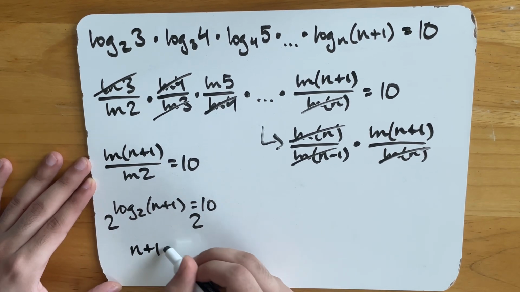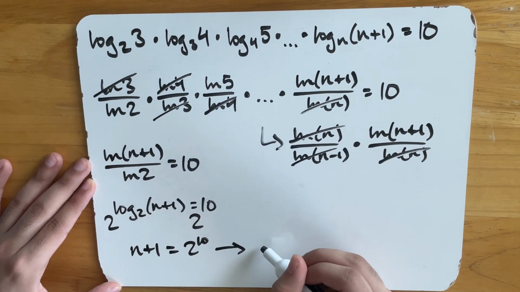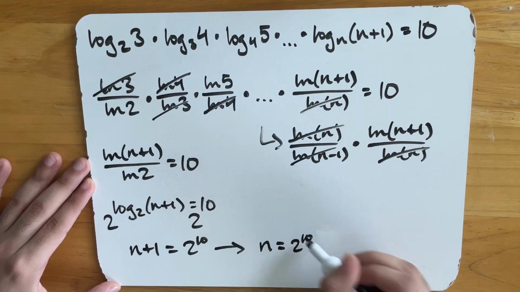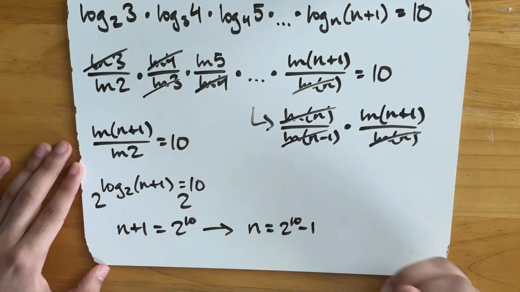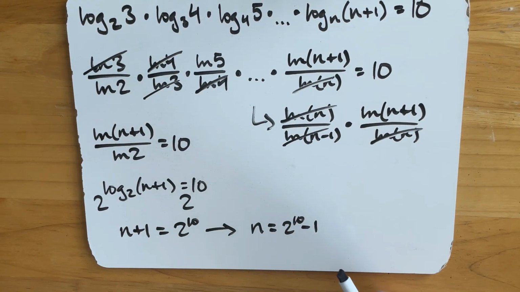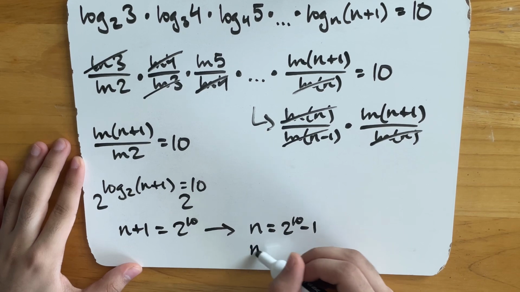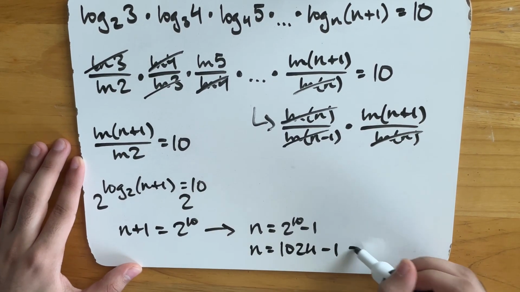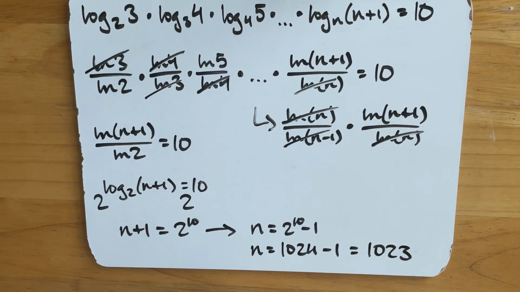We get n plus 1 is equal to 2 to the 10th, and then subtracting 1 on both sides, we get n is equal to 2 to the 10th minus 1. Then we just do the math. 2 to the 10th is just 1024. So you get n is equal to 1024 minus 1, which is 1023. And that's our answer. So pretty cool problem.